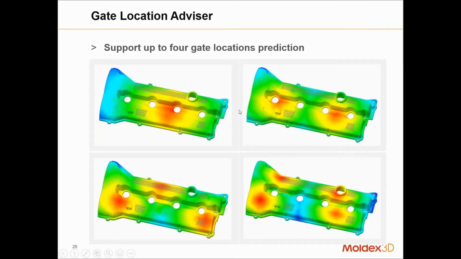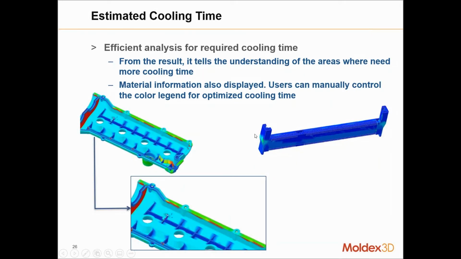We also provide the gate location. A lot of designers don't have a lot of experience, so we have a gate location advisor that, based on the number of your gates, gives you the best gate location. Also, we could give an estimated cooling time and understand which areas we would need to cool down the parts.